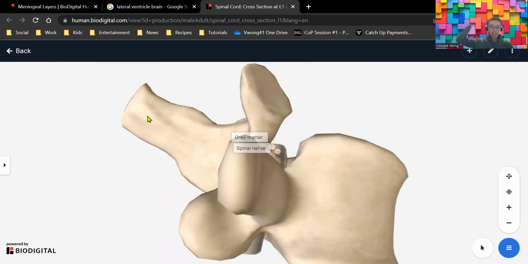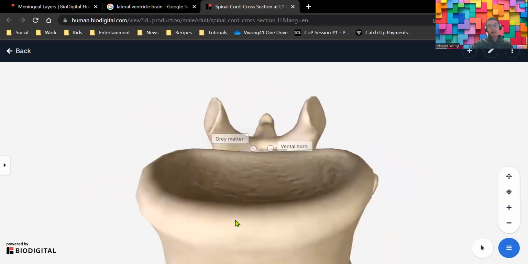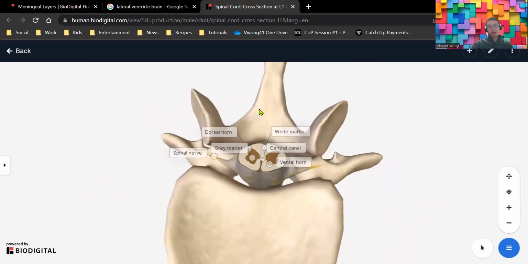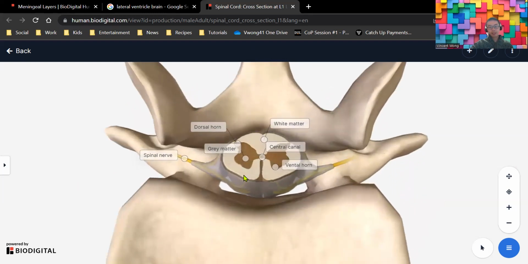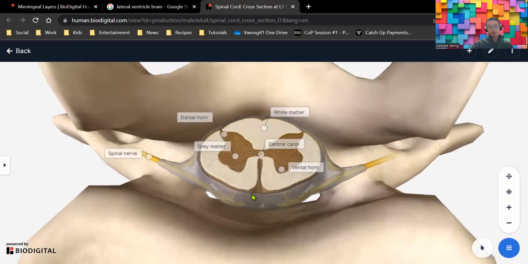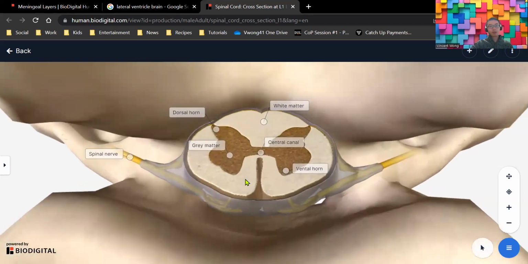The thing at the back here, like you can almost feel it, right? If you just rub your hand down the back of your neck, those ridges that you can feel, that's basically the spinous process right here. And that points to the back of the body. You can see in the middle of it, there is a hole that allows your spinal cord to fit right through. So you can see the butterfly in the center, that is made up of gray matter, and the white matter is the surrounding tissue.